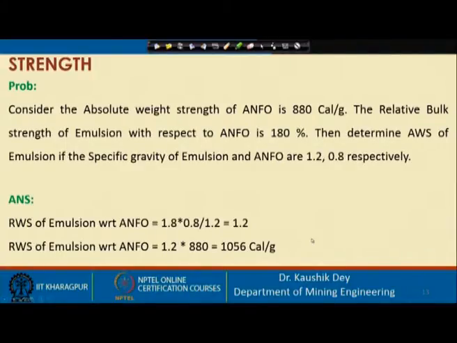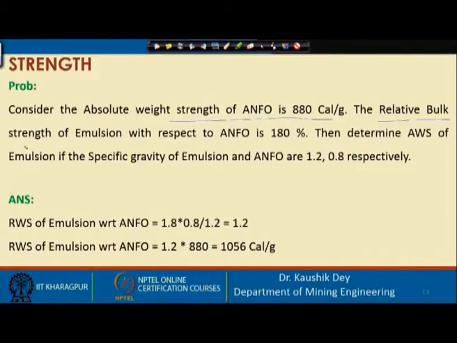In this problem, we will try to understand how we can convert between the absolute strength and the weight strength. So, what is the problem? Consider the absolute weight strength of ANFO is 880 calorie per gram.